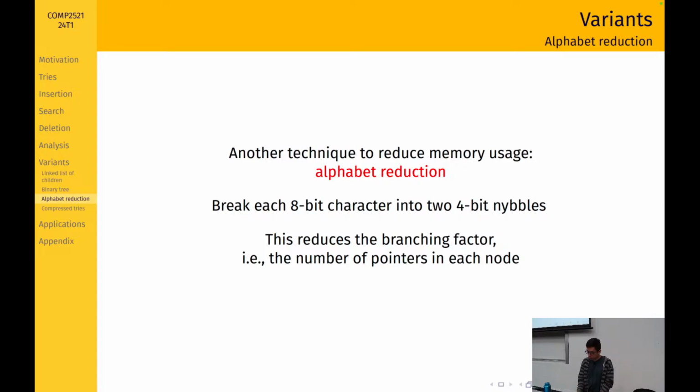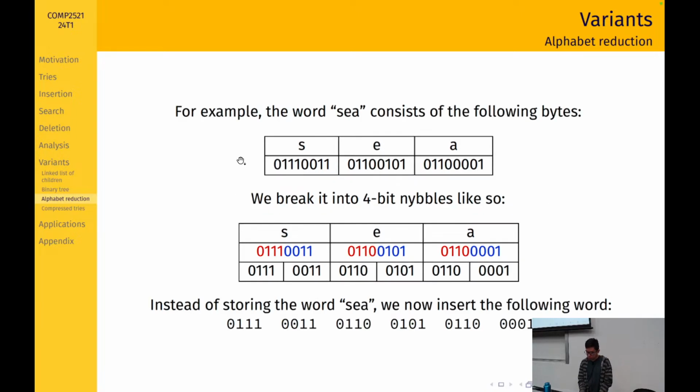Okay, so here is an example. The word SEA contains these bytes: S is 01110011, E is 01100101, and A is 01100001. So what we can do is break it into 4-bit nibbles. S is now broken down into 0111 and 0011.